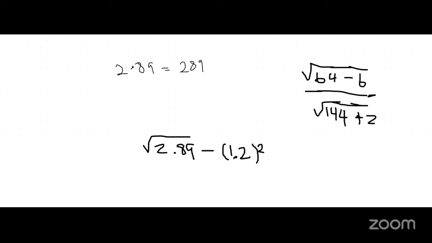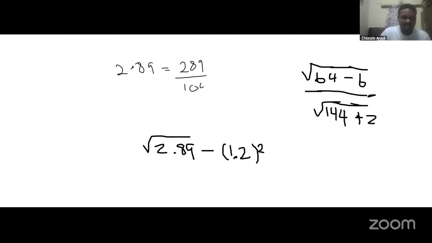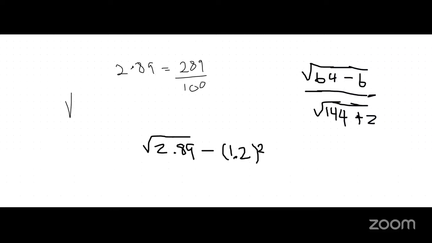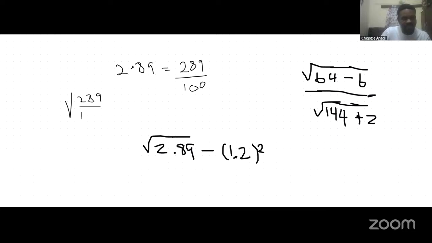Very good. Now, if you can write it this way, then you can find the square root of 289. So 289 all over 100 minus 1.2 squared.